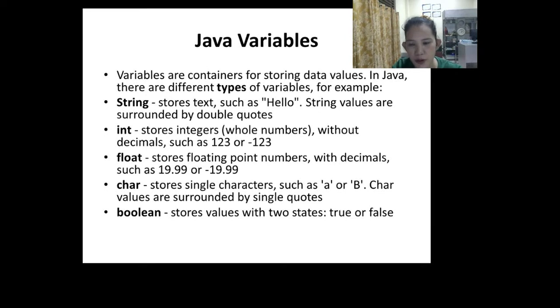The float stores floating point numbers with decimals, such as 19.99 or negative 19.99. The char stores single characters, such as the character A or the letter B. The char values are surrounded by single quotes. Boolean stores values with two states, true or false.